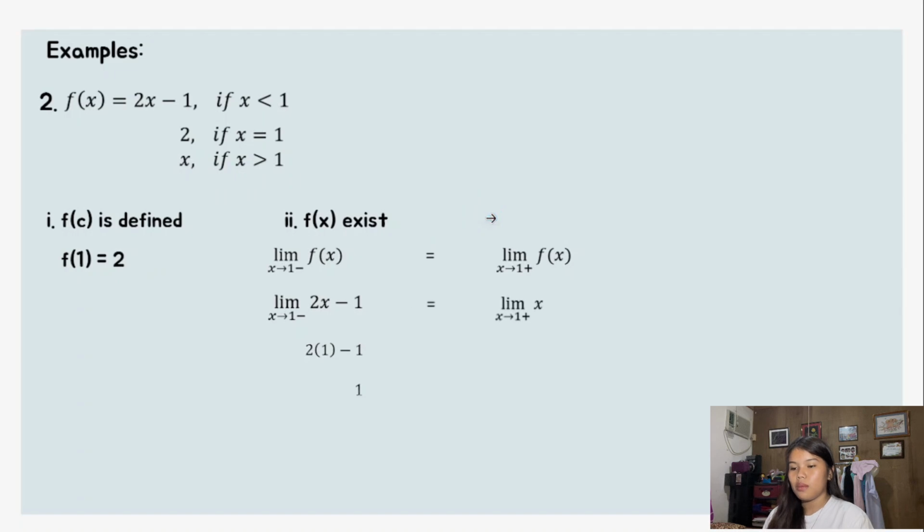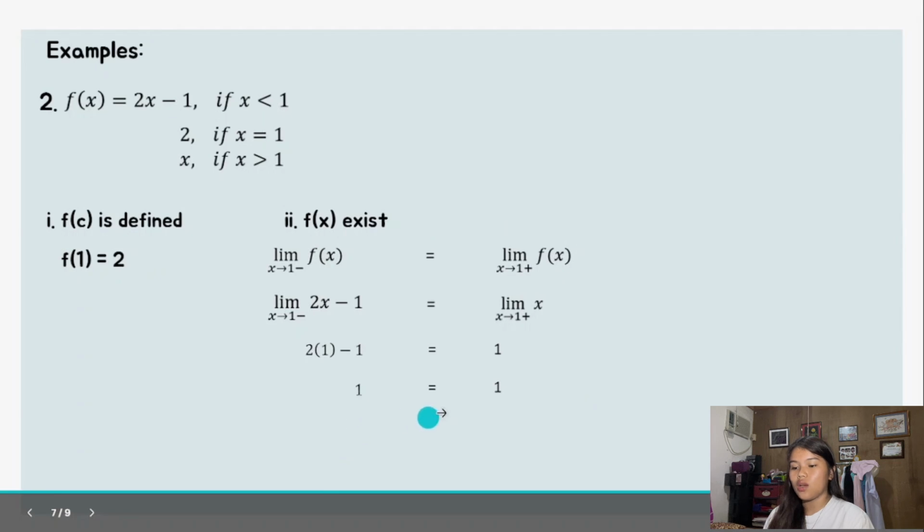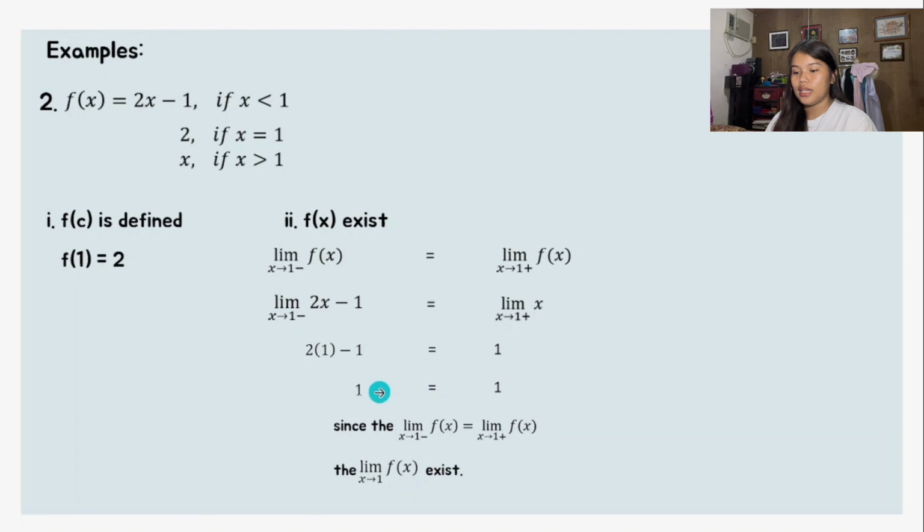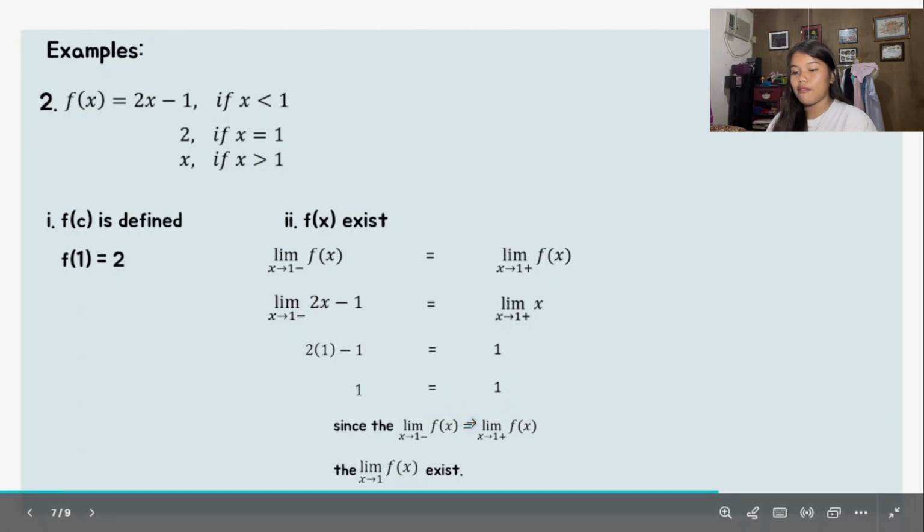So that will become limit x as x approaches 1 positive. Again, just substitute our value of x, which is equal to 1, and as you can see in here, our 1 is equal to 1. So we can conclude that since the limit f of x as x approaches 1 negative is equal to the limit f of x as x approaches 1 positive, the limit f of x as x approaches 1 exists.